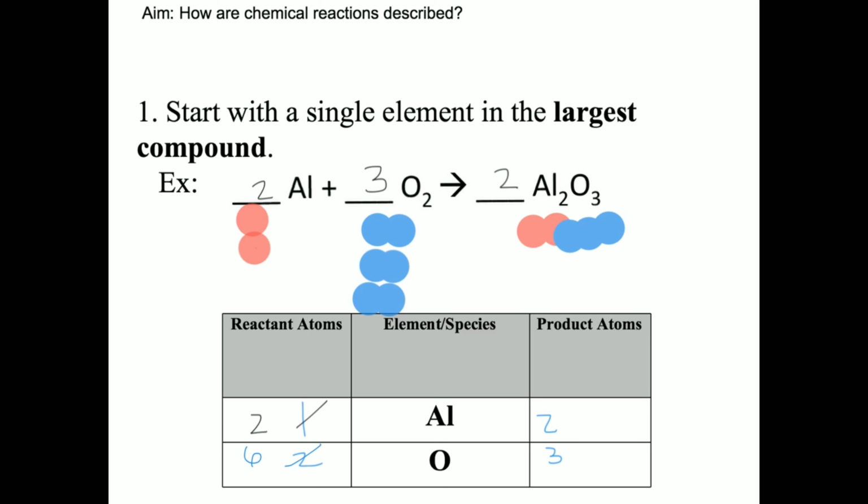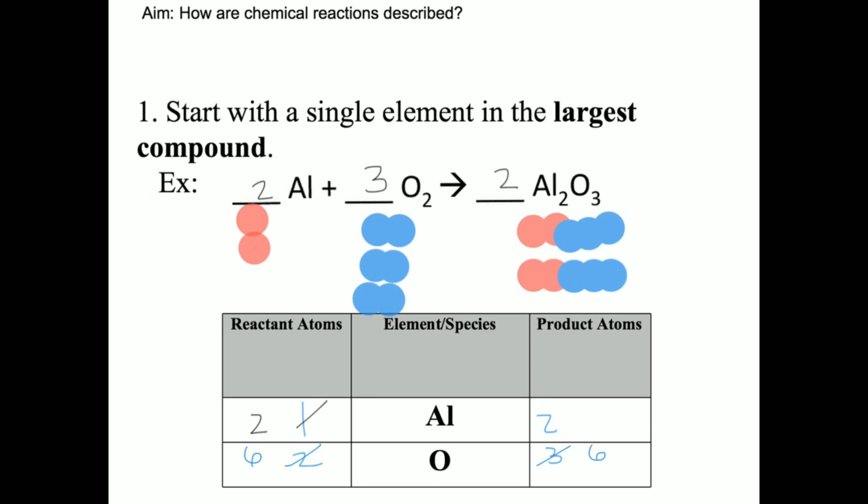Now, to get 6 oxygen atoms on the product side, I have the coefficient of 2 on aluminum oxide. Aluminum oxide always has 2 aluminum atoms and 3 oxygen atoms. So notice I do have 6 oxygen atoms on the product side, but I've changed the number of aluminum atoms I had.